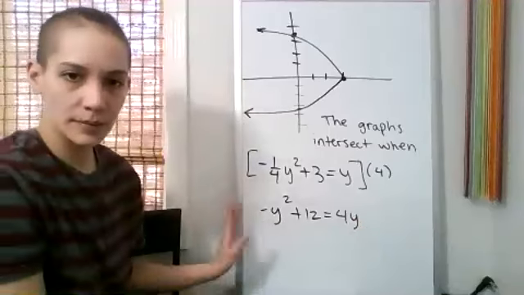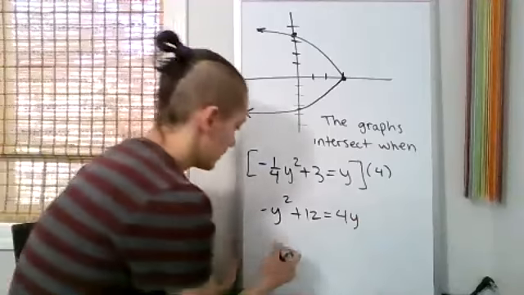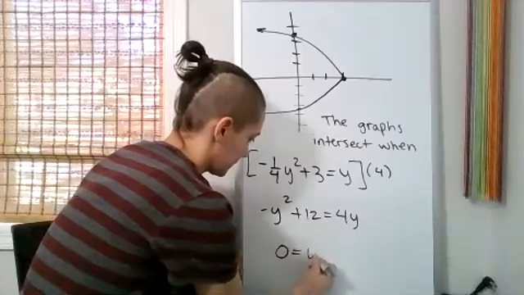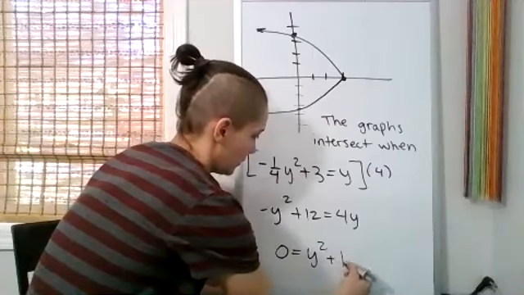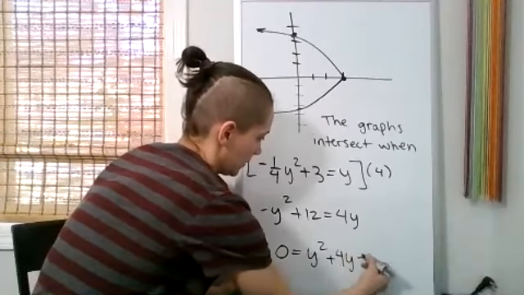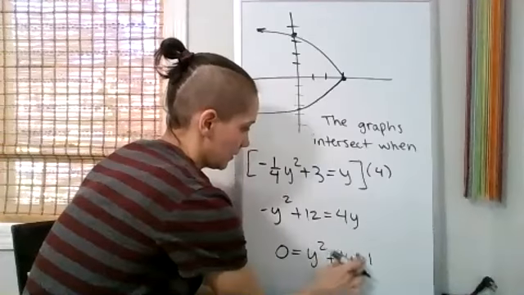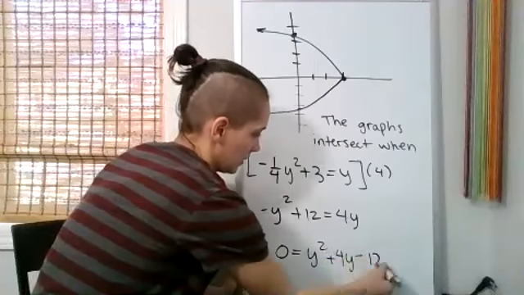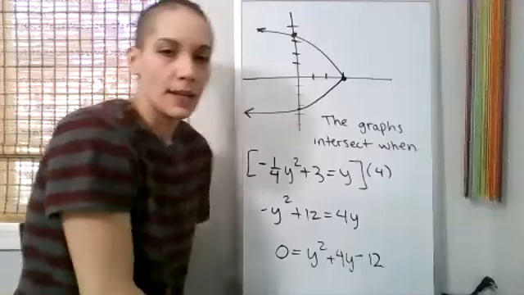Okay, this equal to 0. Let's just add y squared. And then factor.